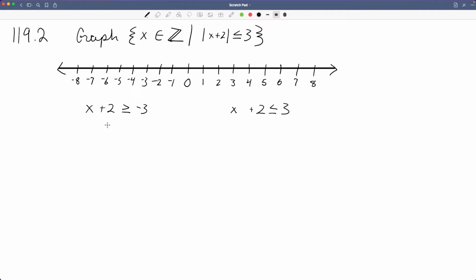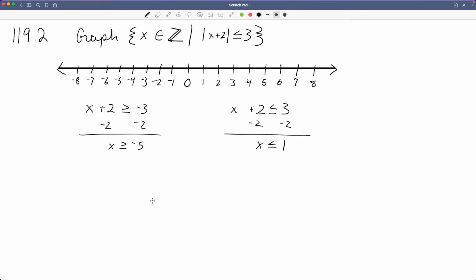So when we do the math, we subtract 2 from both sides. Here we find that x is going to be greater than or equal to a negative 5. And when we subtract 2 from both sides here, we find that x is going to be less than or equal to 1. So that allows us to graph.